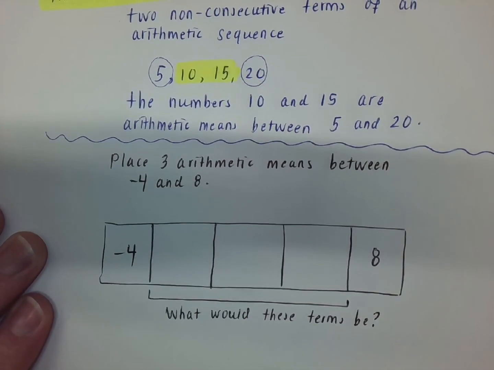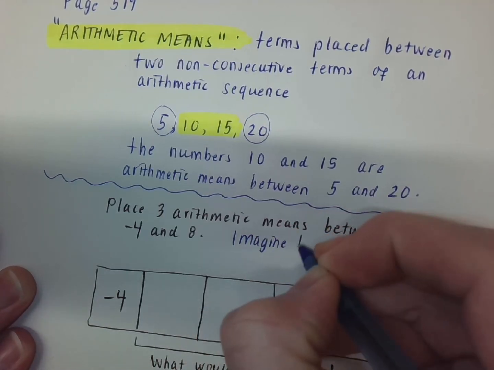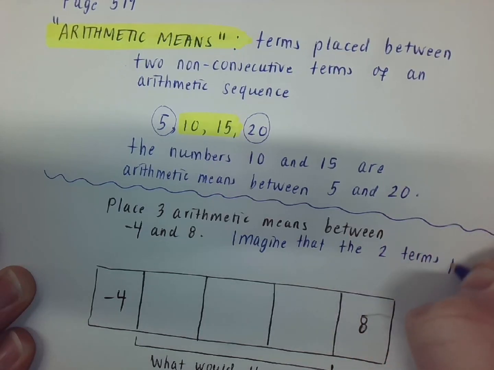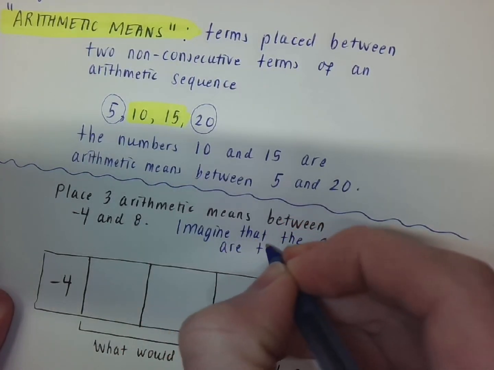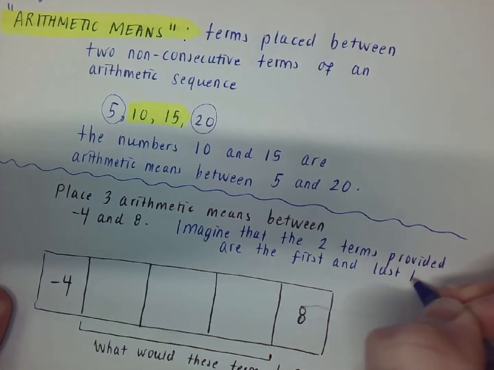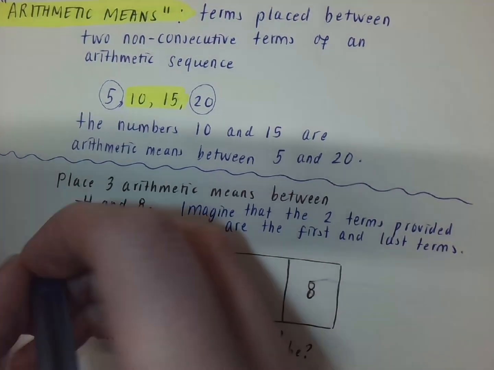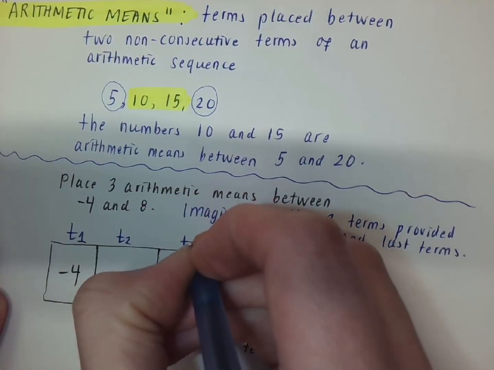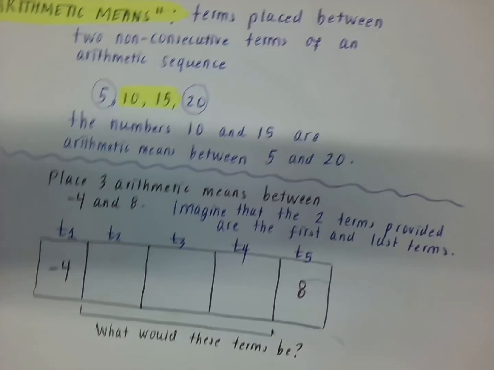Let me write this down: imagine that the two terms provided are the first and last terms. So let's say this is T1. This has to be T2, T3, T4, and T5, my last term. Okay, cool.